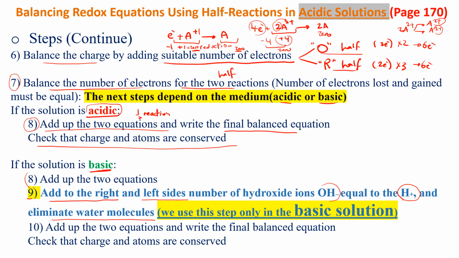Imagine when we reached step 8 we added the equations and we have A plus 3H+ gives us, say here, let's say it's like this, plus B, here will be B minus 4 plus H2O. For example, when we added the equations and reached step 8 we have this thing here.